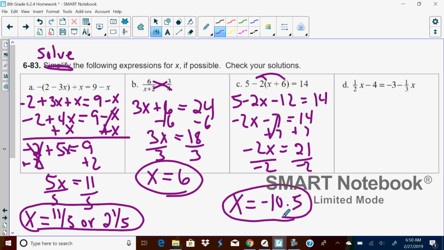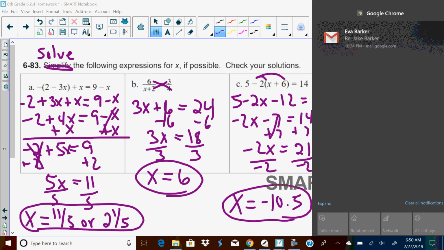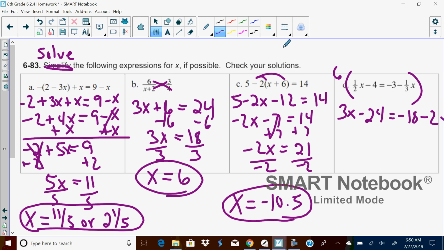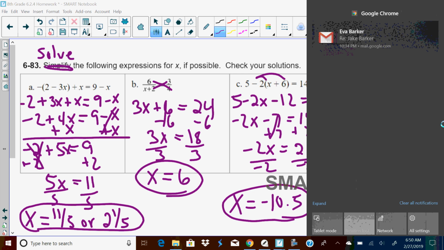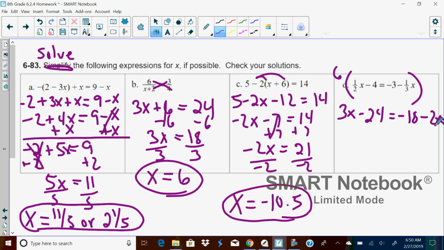D, I'm going to multiply through by a common denominator. My common denominator is 6. So I get 6 over 2, which is 3x minus 24 equals negative 18 minus 1/3 of 6 is 2x. So then I add 2x to both sides.